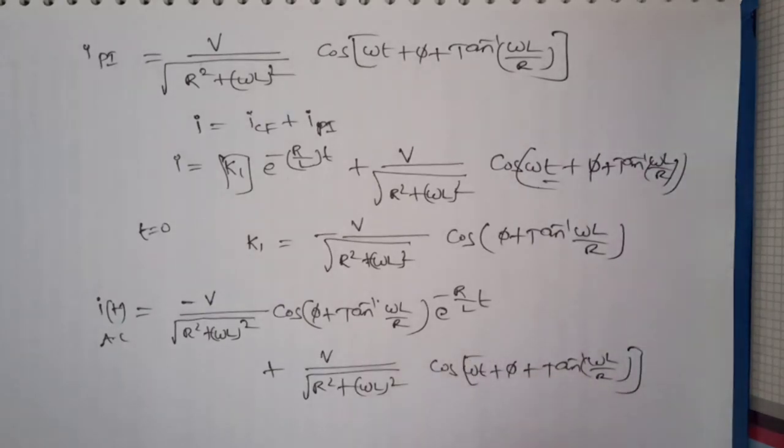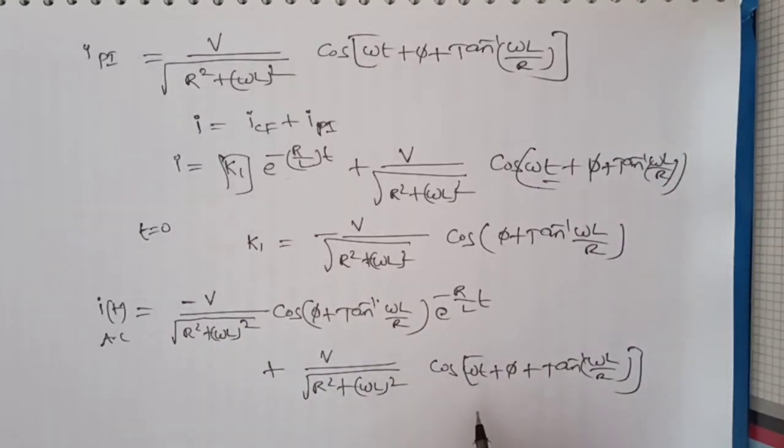So this is the way we have to follow if you want to take down the transient response or analysis of the series RL circuit for AC excitation.